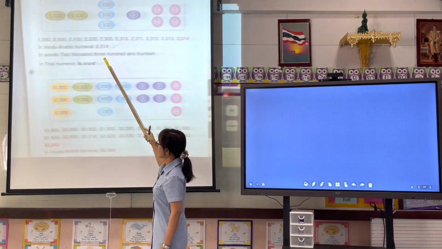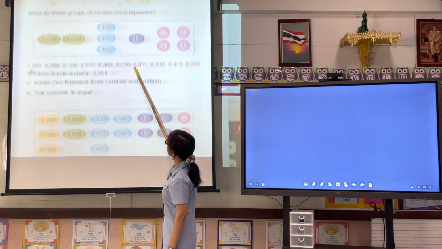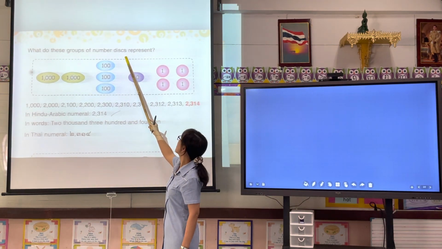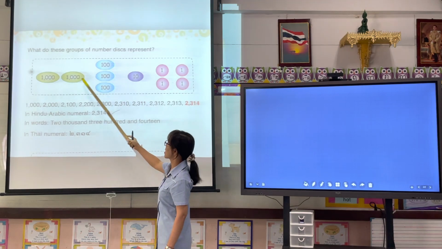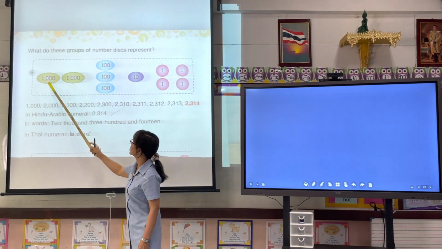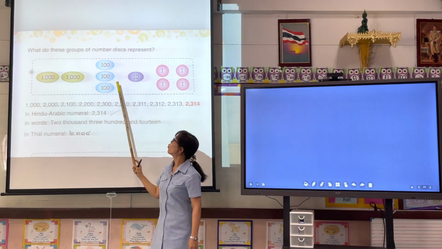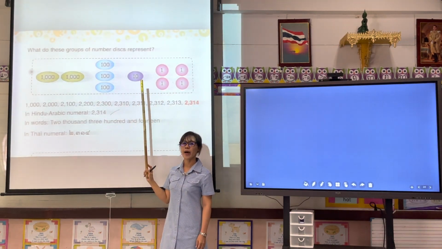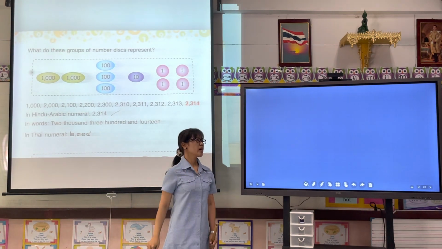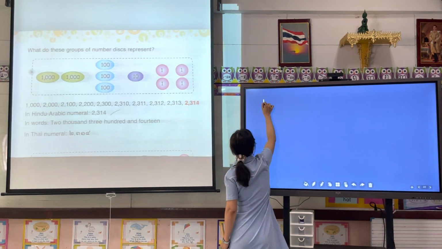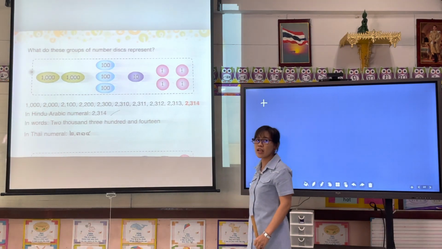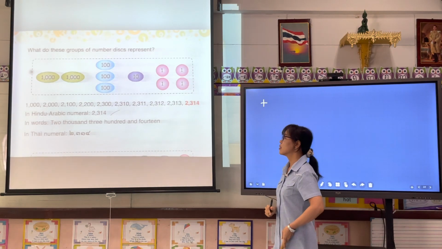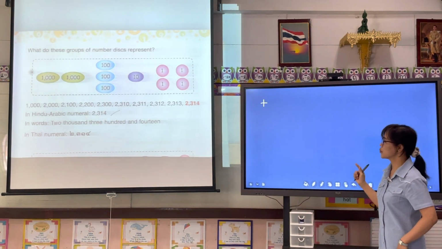What do these groups of number Ds represent? Alright? So by counting, we can use addition here. Okay? Just like in writing our expanded form. Okay, by the way, expanded form, we'll go to that later on. We'll go deeper to that.